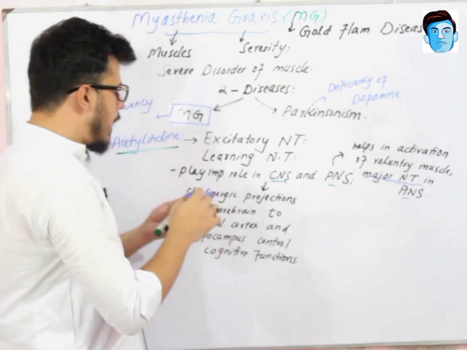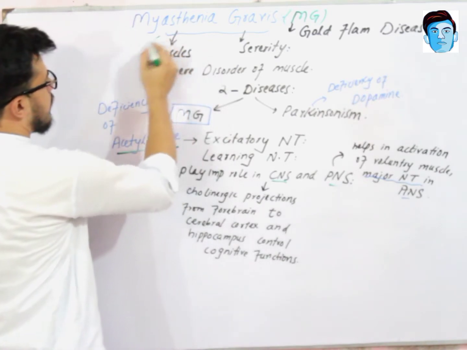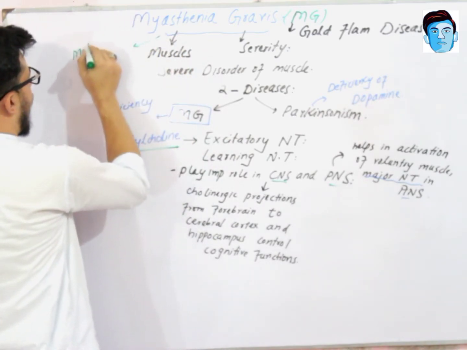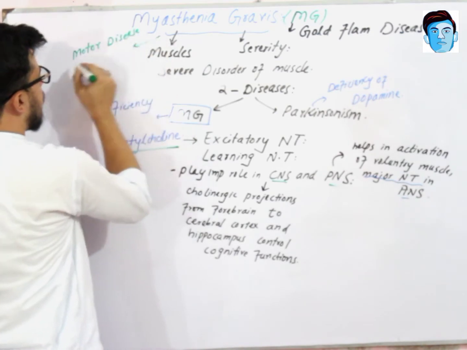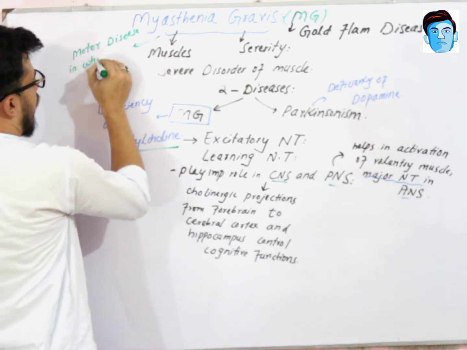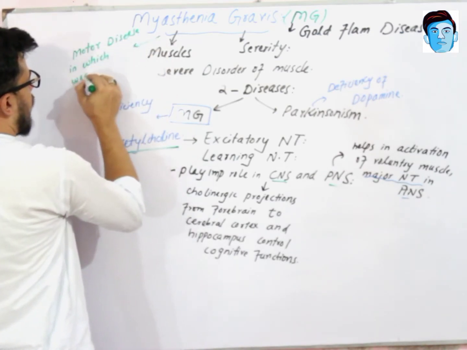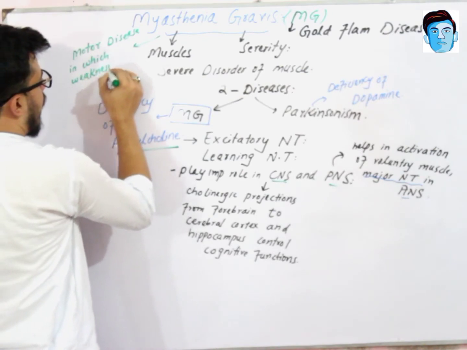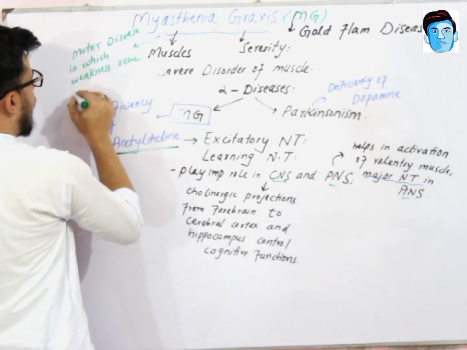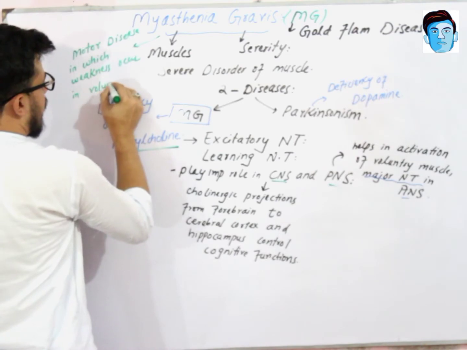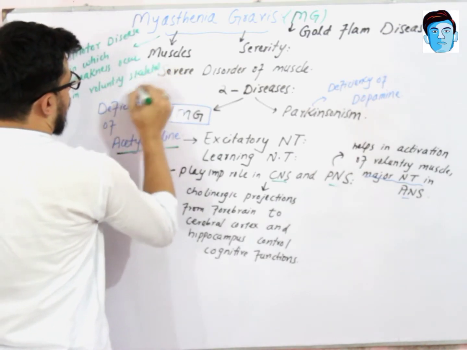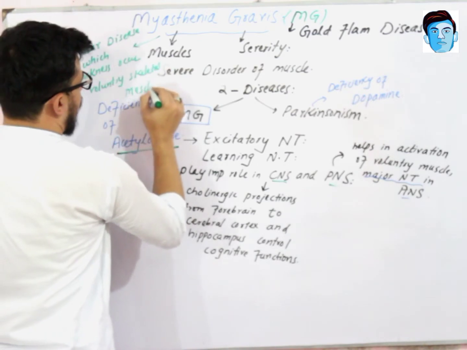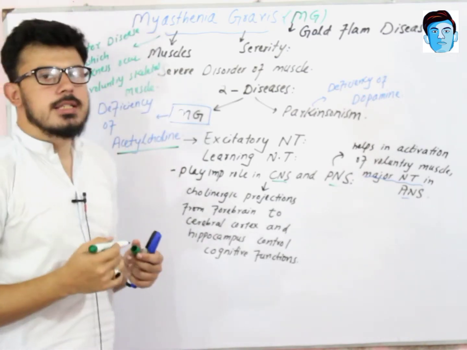So it is important. Now, actually, myasthenia gravis is a motor disorder in which weakness occurs in voluntary skeletal muscles. So, what is myasthenia gravis?